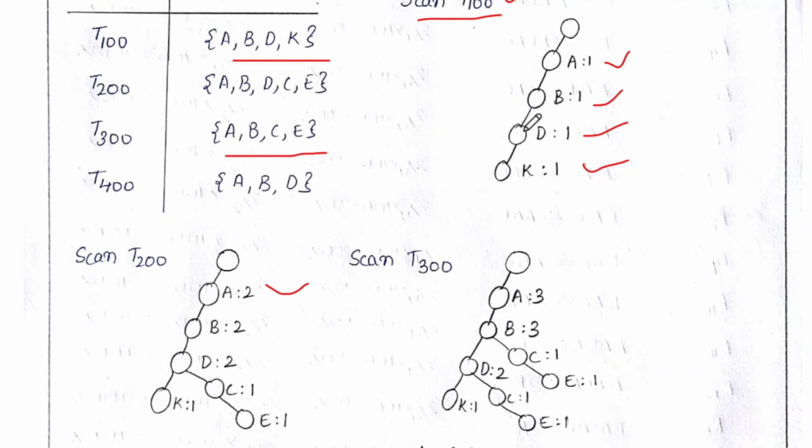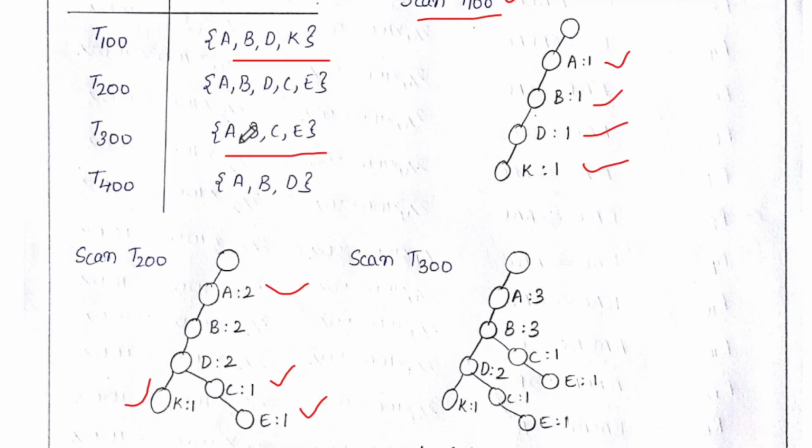C is not there in the first transaction, so I add one node to D, with C having a count of 1 and E having a count of 1. The previous K node will be written as it is. So this is for the T200 transaction.